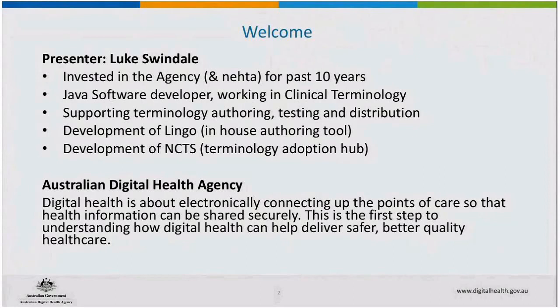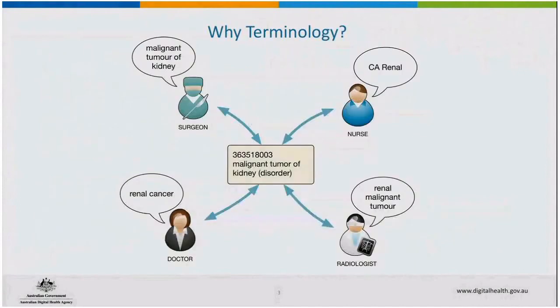To kick off, I'll just dive straight in and give a little bit of background on clinical terminology itself, and then how we've now arrived at the NCTS. So, why a structured clinical terminology? In short, interoperability and unambiguous identification of common concepts despite disparate languages, conventions, and software systems.